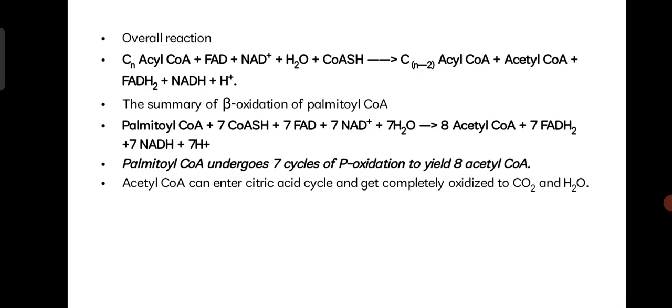So in beta oxidation of palmitoyl CoA, there will be 7 cycles of beta oxidation, and they result in 8 acetyl CoA. So this acetyl CoA will enter the TCA cycle or citric acid cycle, and get oxidized to carbon dioxide and water.